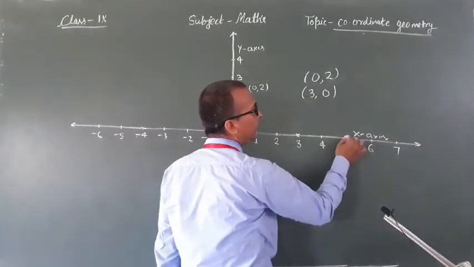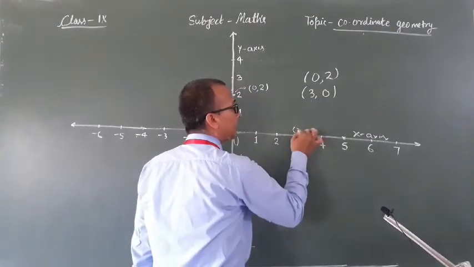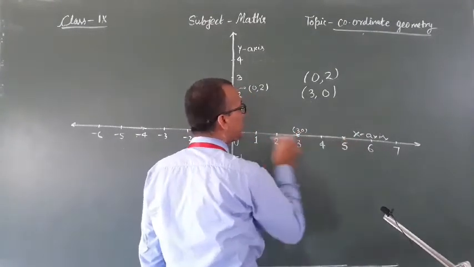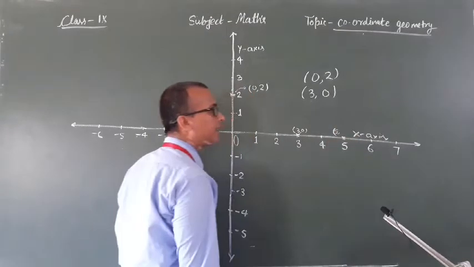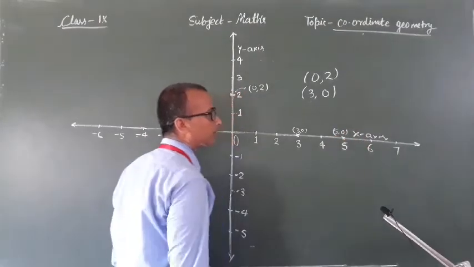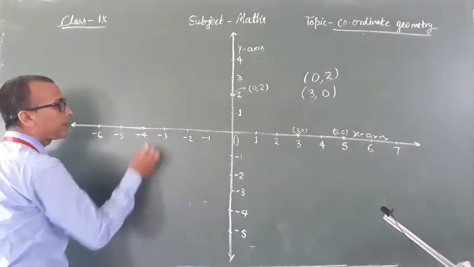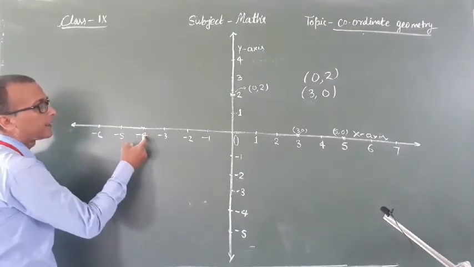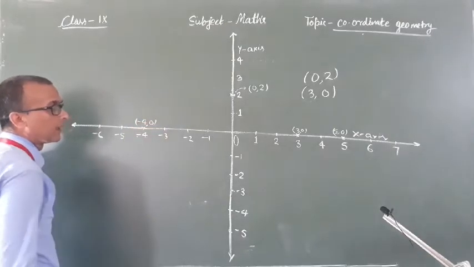How will we represent this point? This point has an x-axis measurement of 5 units and a y-axis measurement of 0, so it is (5, 0). What will be the ordered pair of this point? It is (-4, 0).